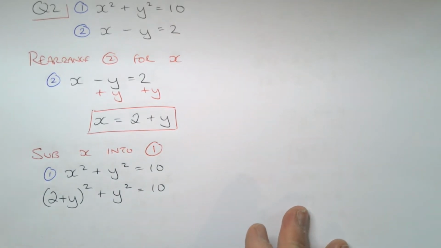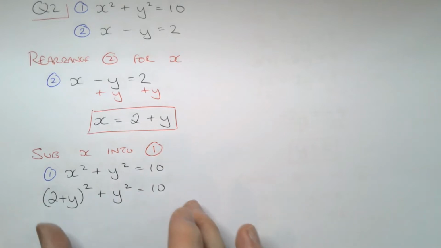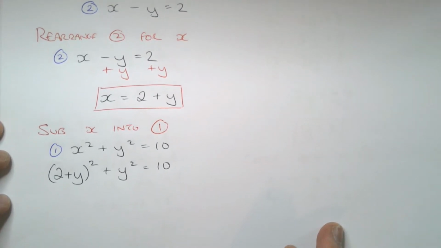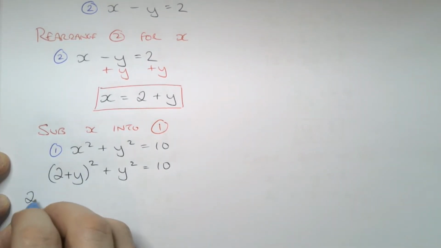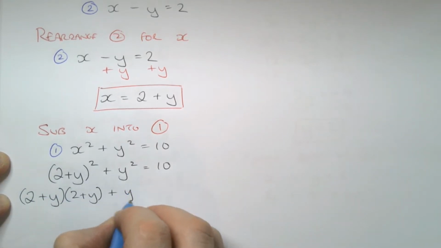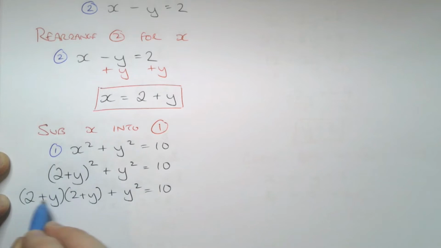And now comes probably the biggest part of this, which is expanding brackets and multiplying this out. So I'll take my time, and the most important step where I see mistakes happen with students is make 2 brackets for yourself: (2 plus y) by (2 plus y). I've made 2 brackets because something squared means multiplied by itself. And now we're going to expand these 2 brackets.